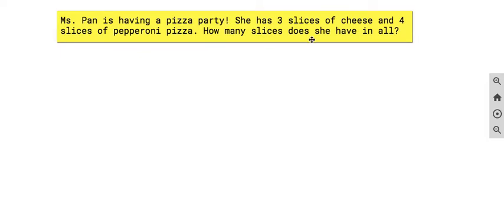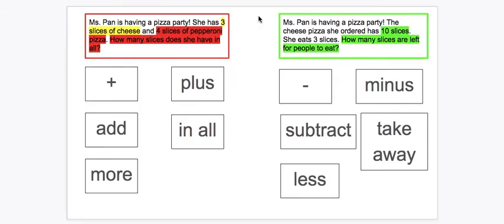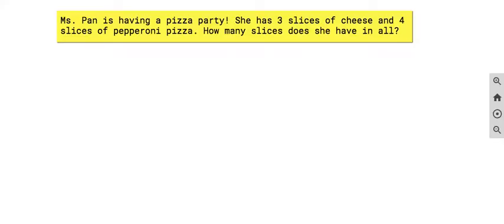This is the same problem from our last slide, the red one. So we're doing addition. Listen to the problem, and I want you to answer the problem using numbers, pictures, and an equation. Miss Pan is having a pizza party. She has 3 slices of cheese and 4 slices of pepperoni pizza.